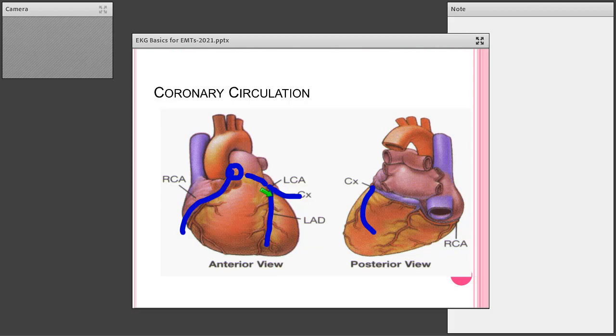So those are the big ones. And we can have a blockage in any of these coronary arteries causing an MI.